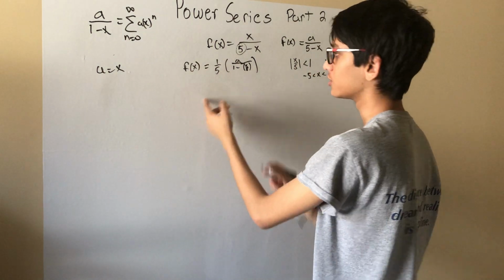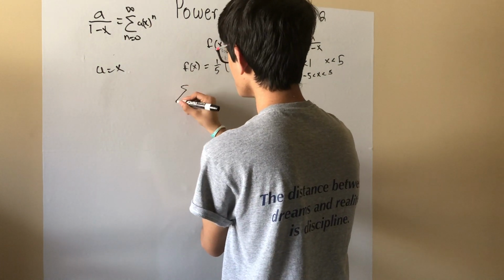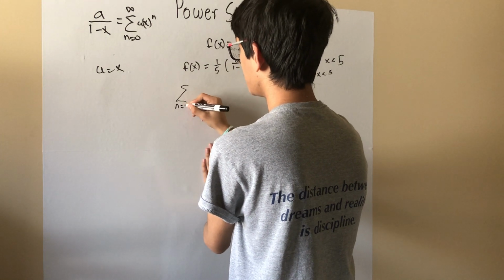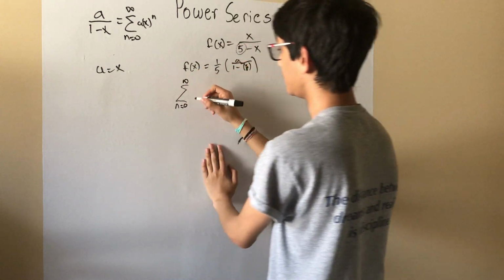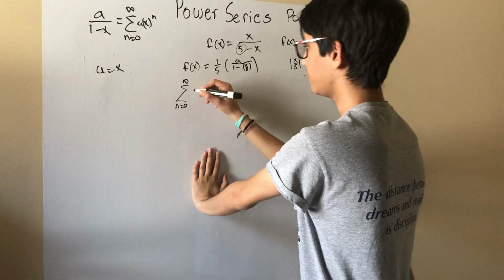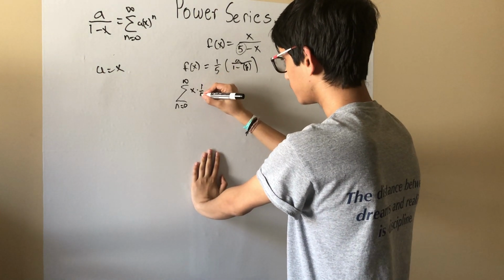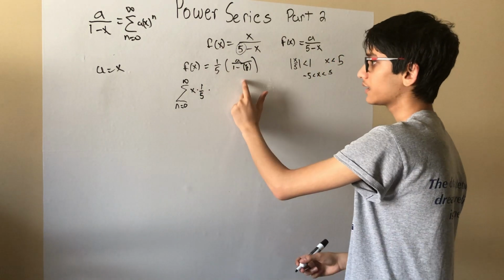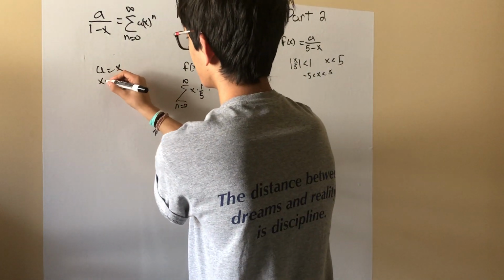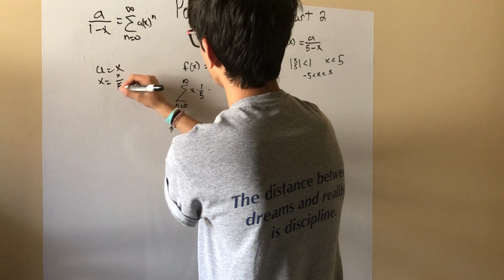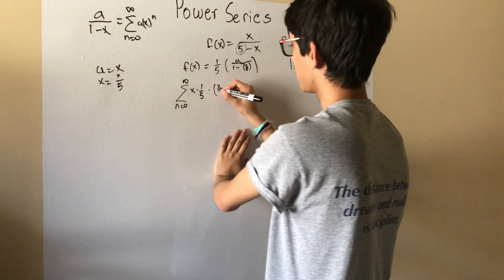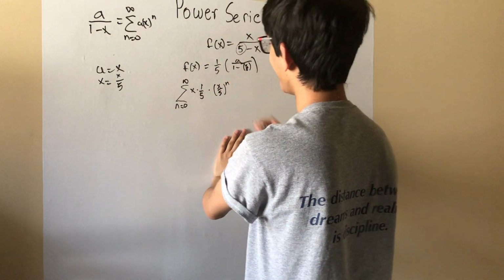This 1 over 5 doesn't just disappear, so it'd be from n equals 0 to infinity of your a value, x, times this 1 over 5, times what is your x value? x over 5 to the n.